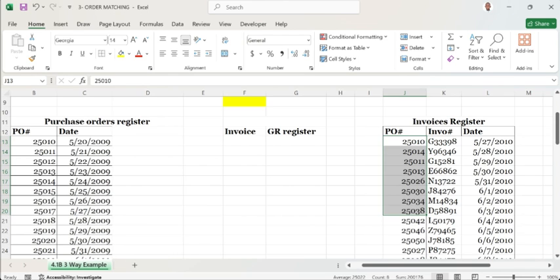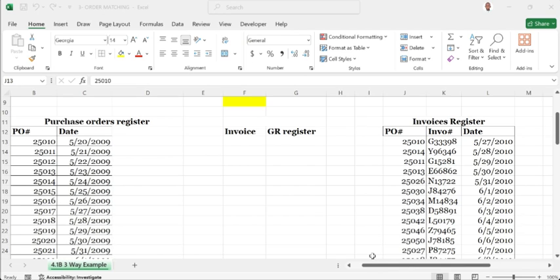So we want to match the PO with the PO in the invoice. Meaning we are using this purchase order, because it is what we issue, to verify with what was invoiced.